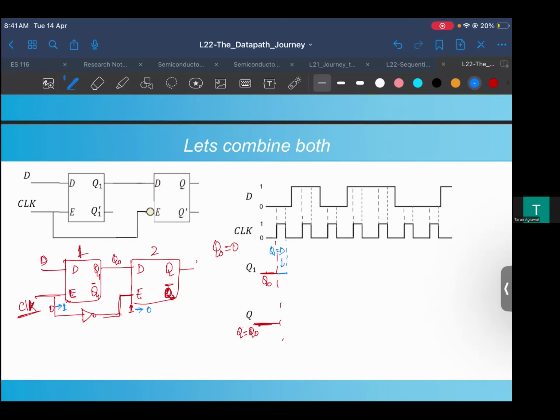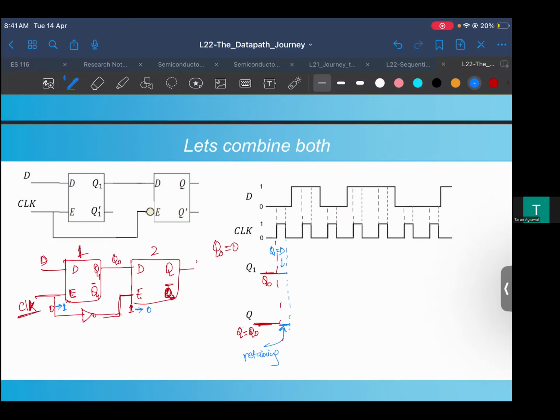Q is retaining, right? Because it just retains. This is the retaining part. That is the difference here, because it's not passed like how it is passed in the first latch. You see the second latch is just retaining, it is not passing. So Q, you don't see the D yet, right?